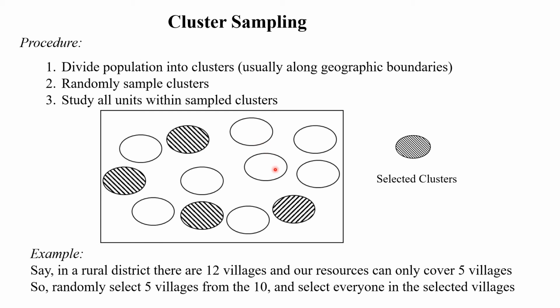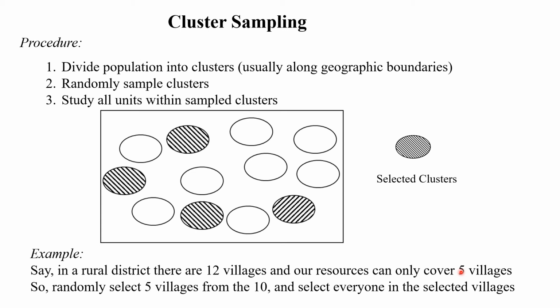Of course, villages are mostly along geographical boundaries, rivers, hills, whatever it is. Our resources can only cover 5 villages. So on the 12, we select 5 villages randomly.